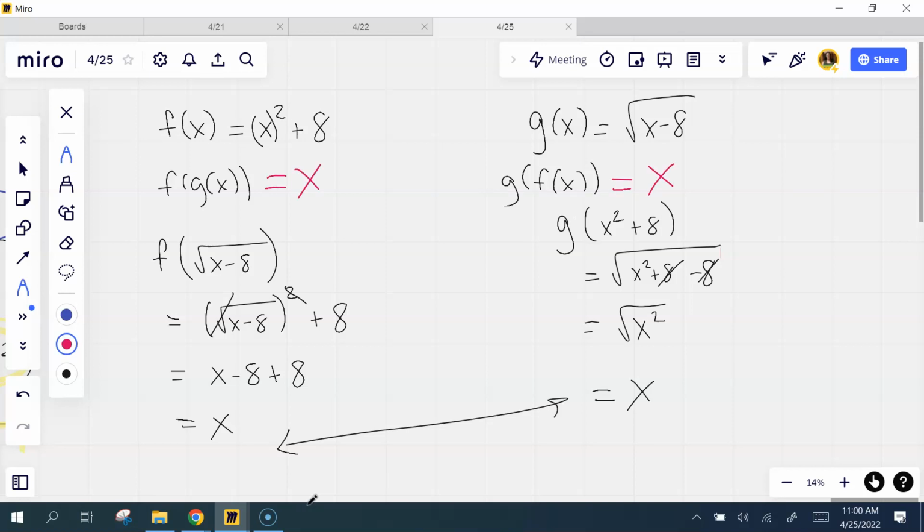So f and g are inverses if and only if f of g of x equals x and g of f of x equals x. Every single time. So those are your two blanks there above. If you plug each one of them into each other, they both simplify down to x.